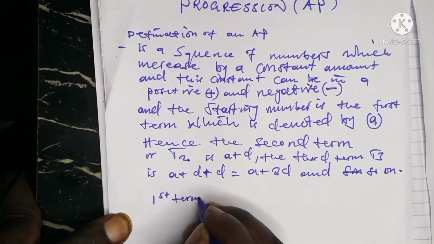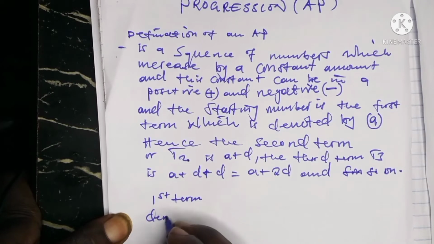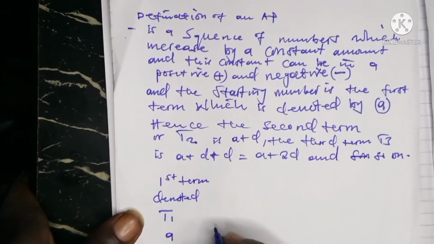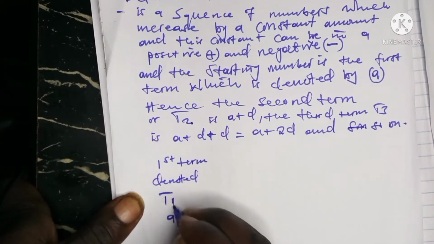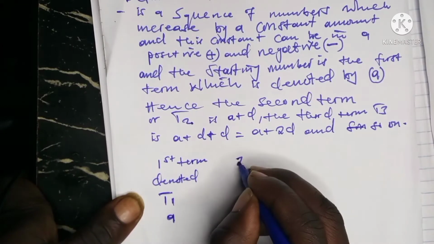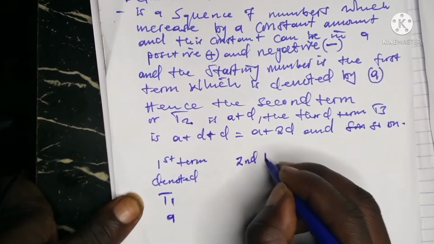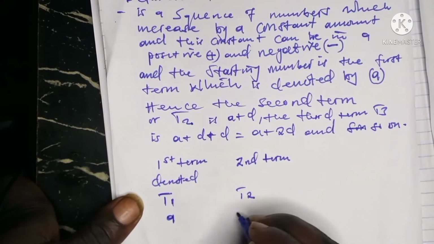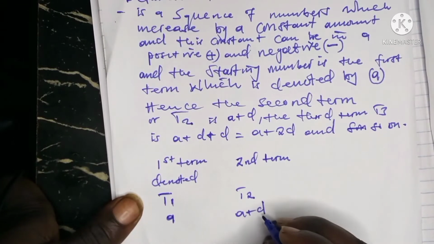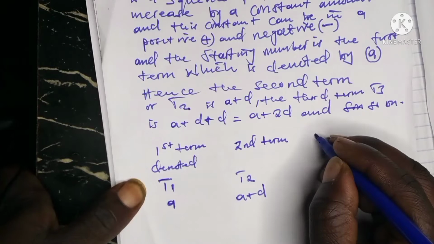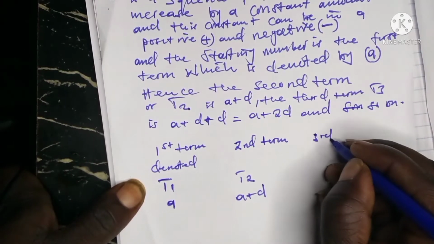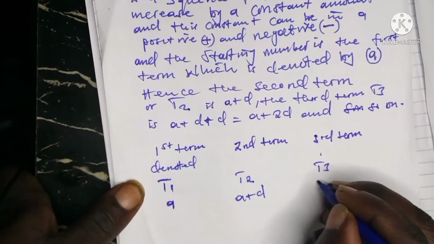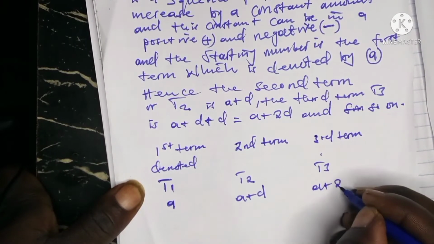First term is denoted T1, which is A, and the second term which is T2 or A plus D. Then third term T3, then A plus 2D.